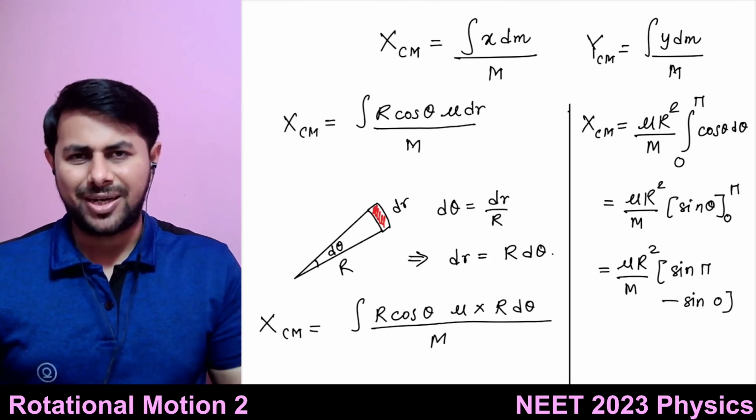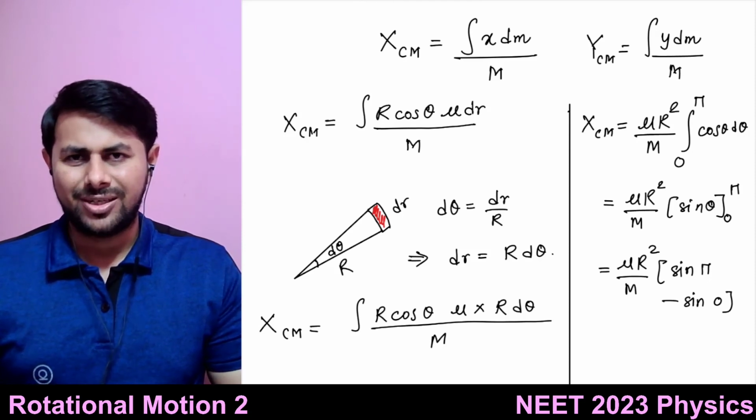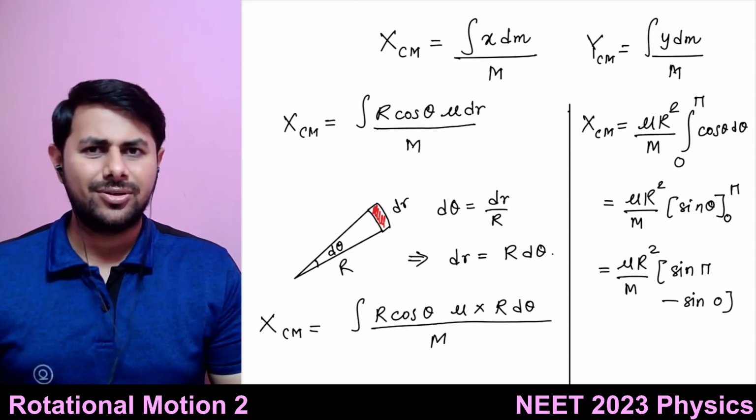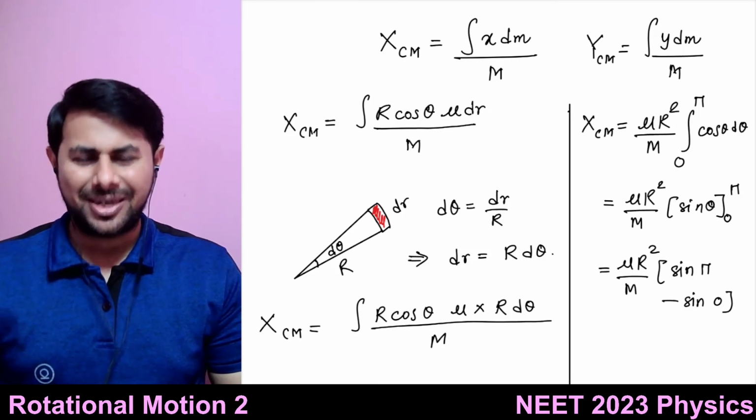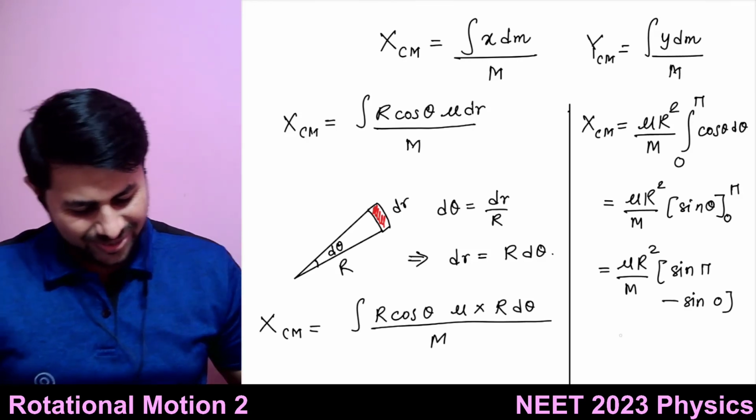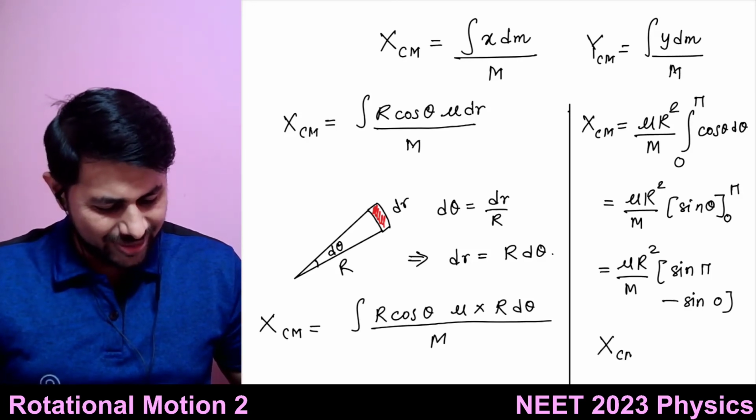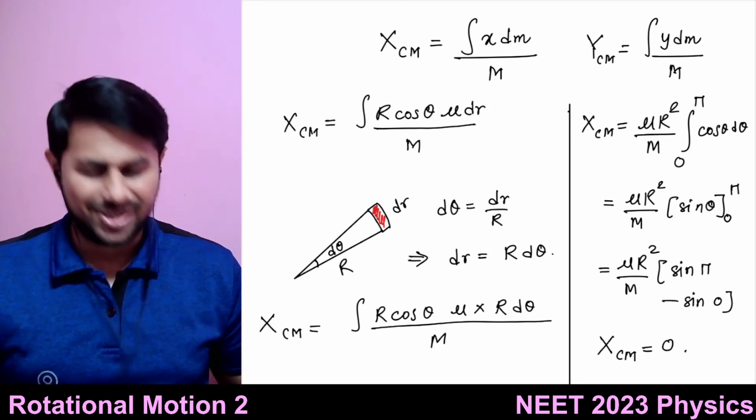Sine 180 is 0 and sine 0 is also 0, so it's 0 minus 0. So the x coordinate is equal to 0.